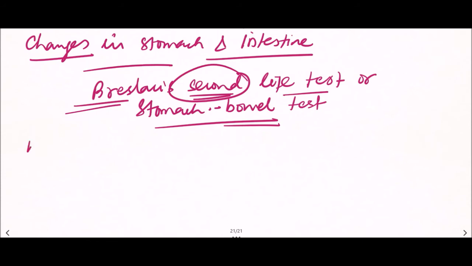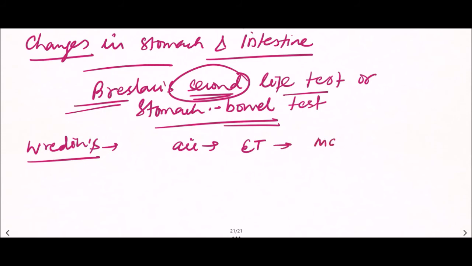Now another test, that is Wredin's test. With respiration, the sphincter at the pharyngeal end of the eustachian tube relaxes and air replaces the gelatinous substance in the middle ear. So due to entry of air from the pharyngeal end of the eustachian tube, it replaces the gelatinous substance in the middle ear, and the middle ear must be opened underwater.